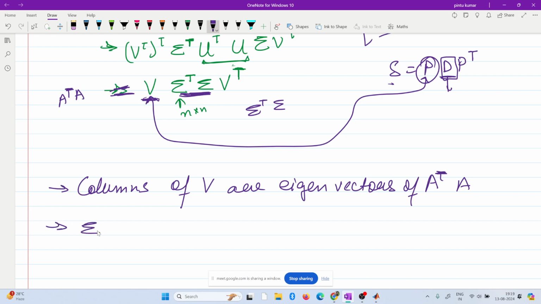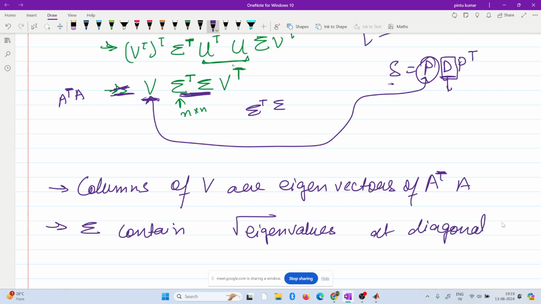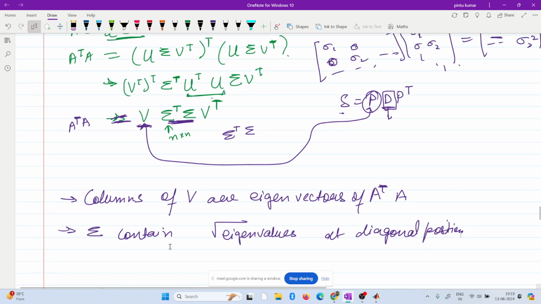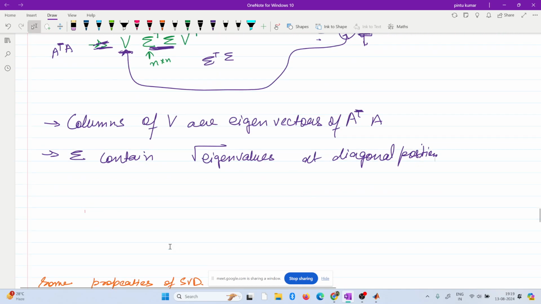Second thing is sigma contains the square root of the eigenvalues at diagonal positions. Okay, this is done. Now the only thing that we have to find is U.